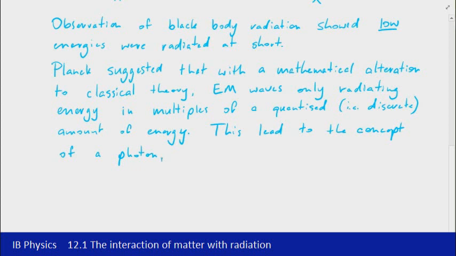And as we've discussed previously, we can consider a photon to be a packet of energy. So now we've got this wave nature of light, or certain phenomena that can be related to the wave nature of light, but we also have these phenomena that relate to the particle nature of light as well. And we'll explore that in a bit more detail in the next video.